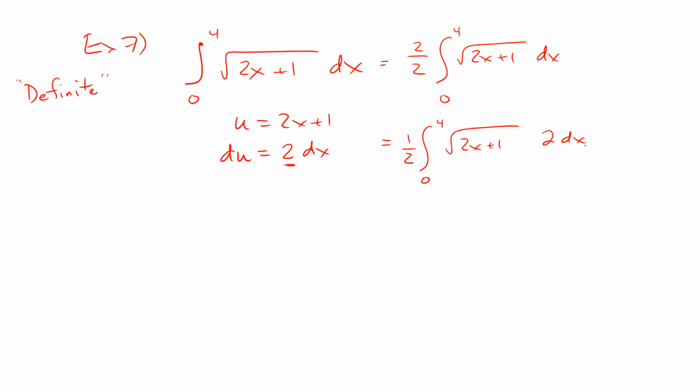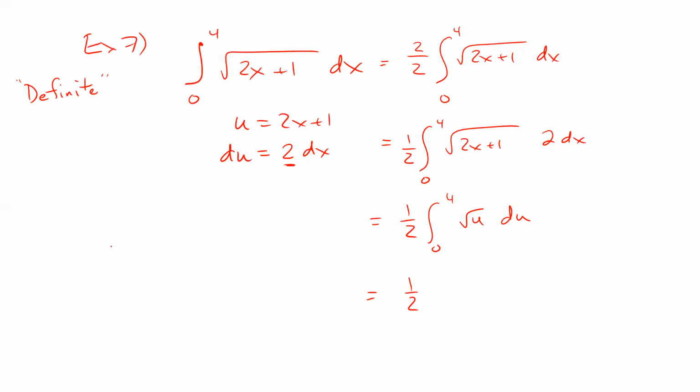Can I substitute now? Yeah. Absolutely. Let's go with it. Now it's going to be 0 to 4, du. Okay, square root of u du now, right? Love it. So let's take the antiderivative of this here.